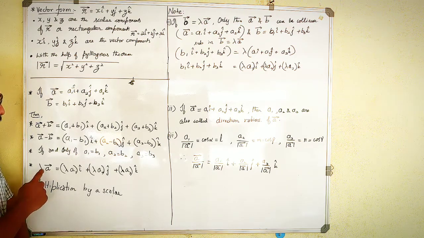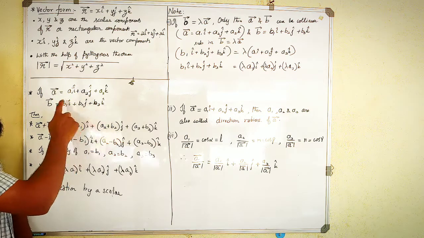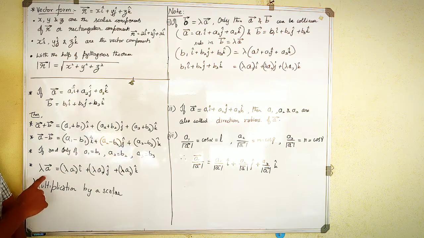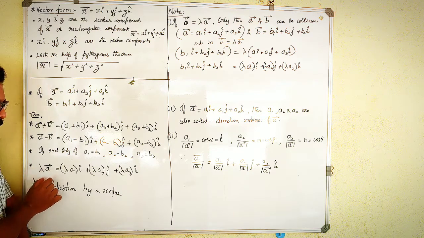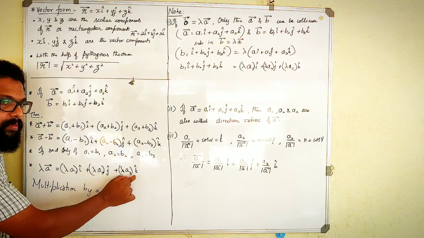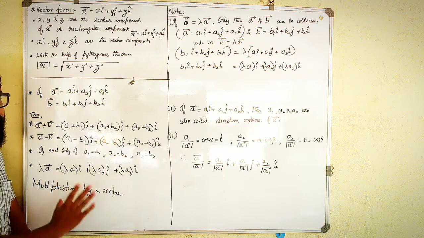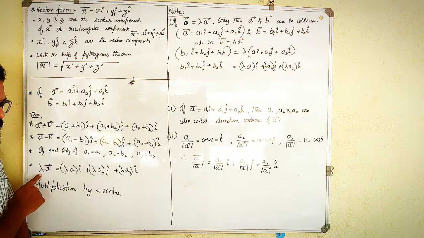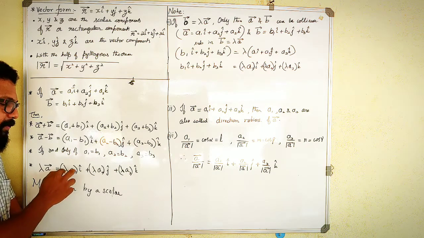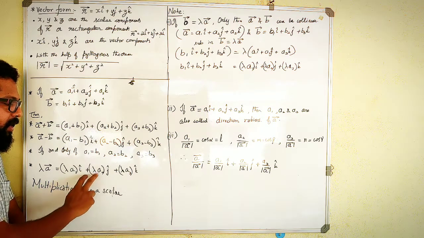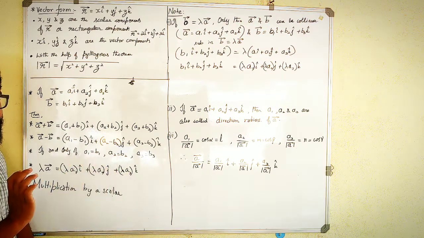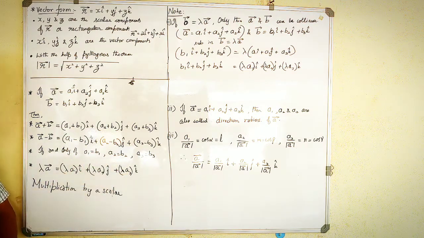If I have to multiply it to a vector, each scalar component of that vector needs to be multiplied by that number, which means lambda is a number which I need to multiply for all the components, that is lambda into A1, lambda into A2, lambda into A3. This is much simpler, you need not understand it in this way.